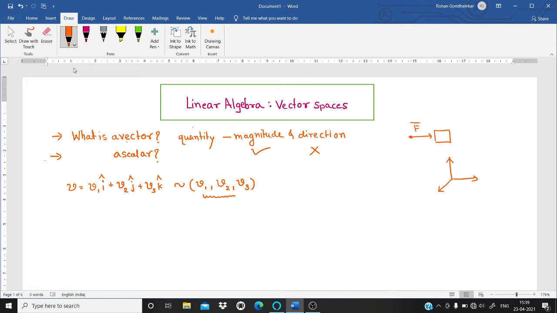Suppose I have a vector v1 equal to x i cap plus y j cap. We can say this is a two-dimensional vector, hence we can represent it as (x, y).